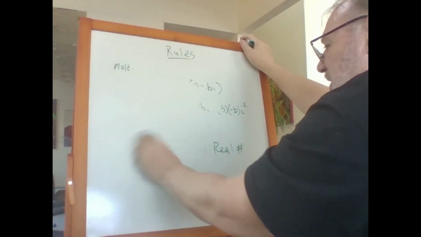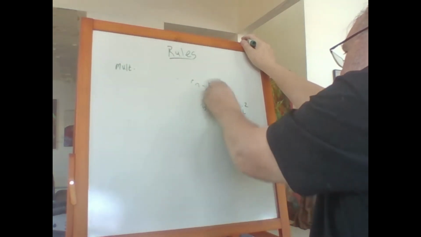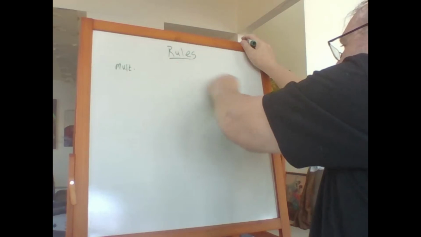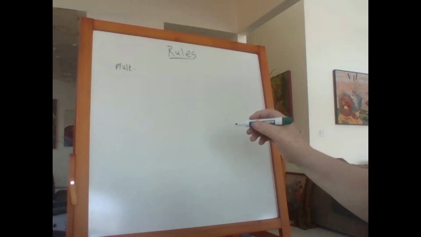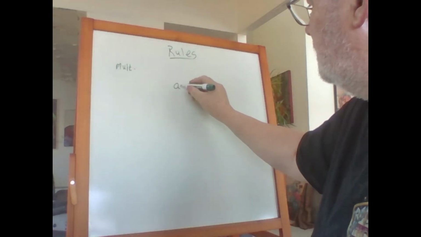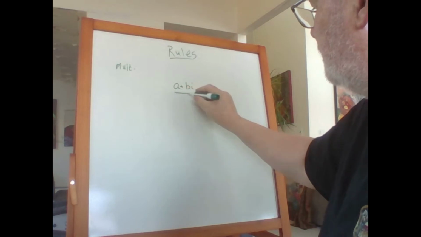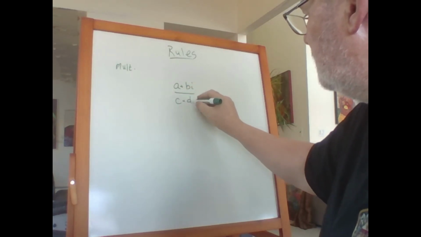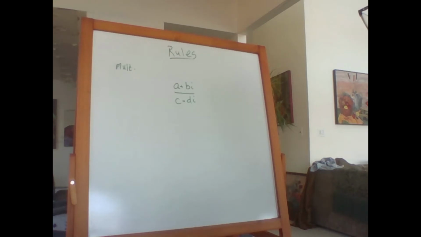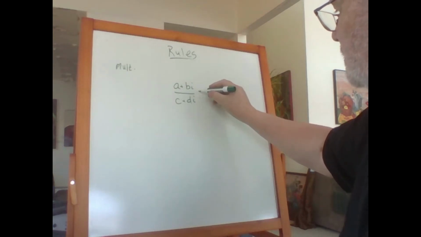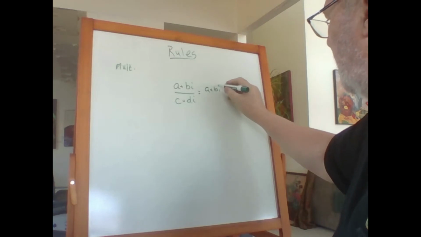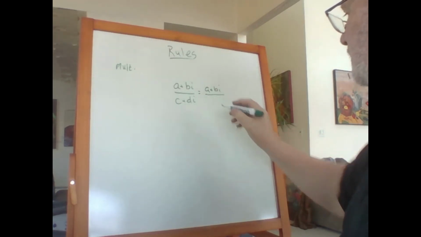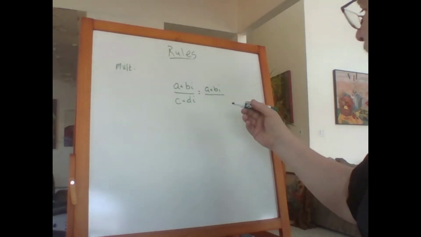So let's take a look at division. We have a plus bi divided by c plus di. Well, we can simplify this by multiplying numerator and denominator by the conjugate of the denominator.